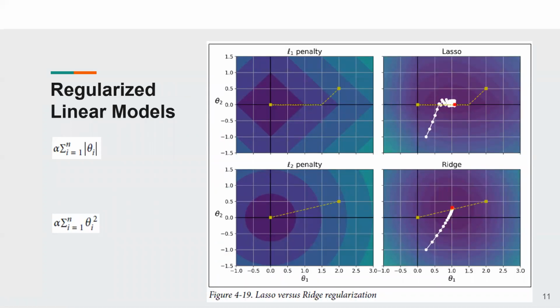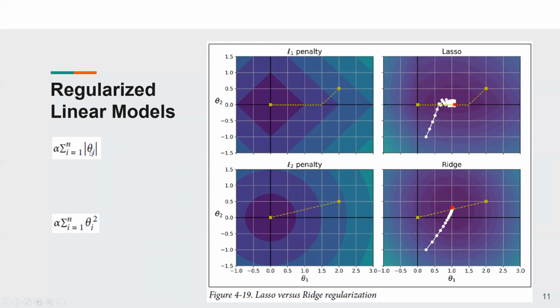Let's compare L1 penalty versus L2 penalty. If you recall, I just put them together. This is L1 penalty, coming from Lasso, and this is L2 penalty for ridge regression. The behavior is slightly different. You might be thinking, for the theta 1 versus theta 2 axis, why do we have all these squares being more like a solution space?